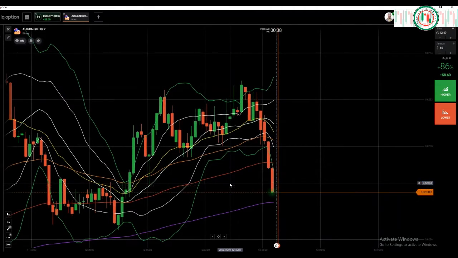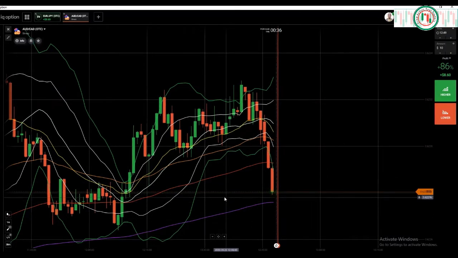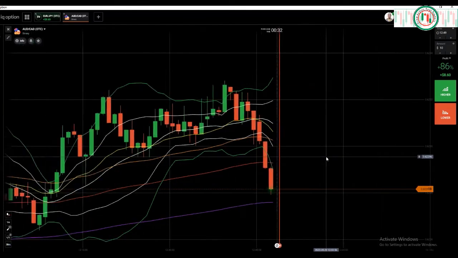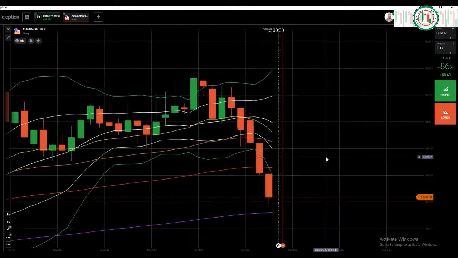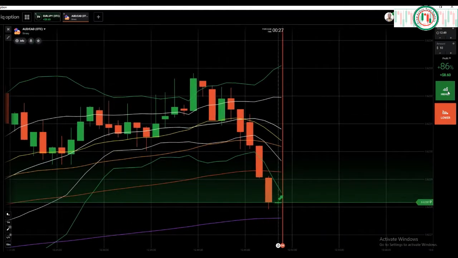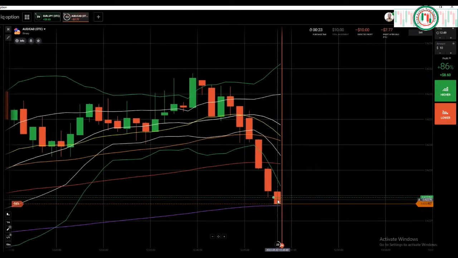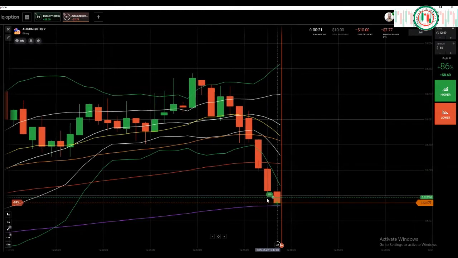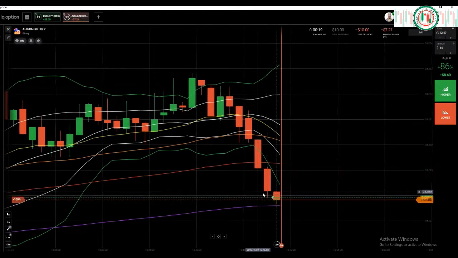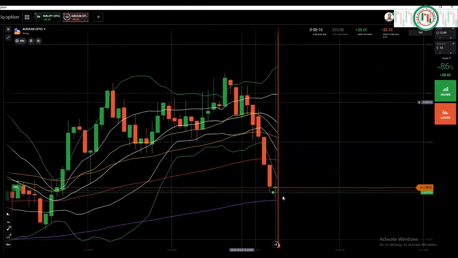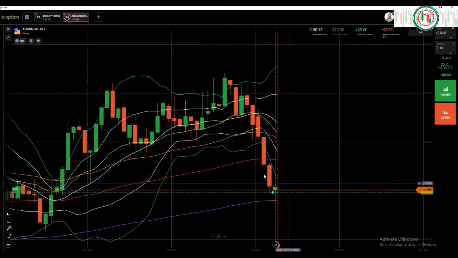I will only try to get a good entry point, because I know the market must reverse here, or create a weak candle, even though there is momentum.